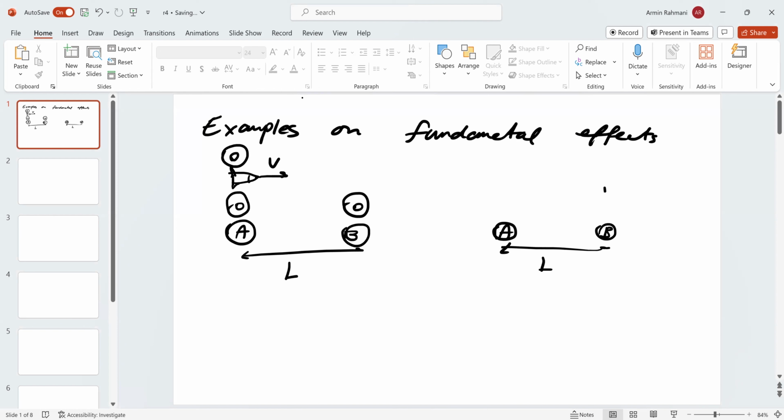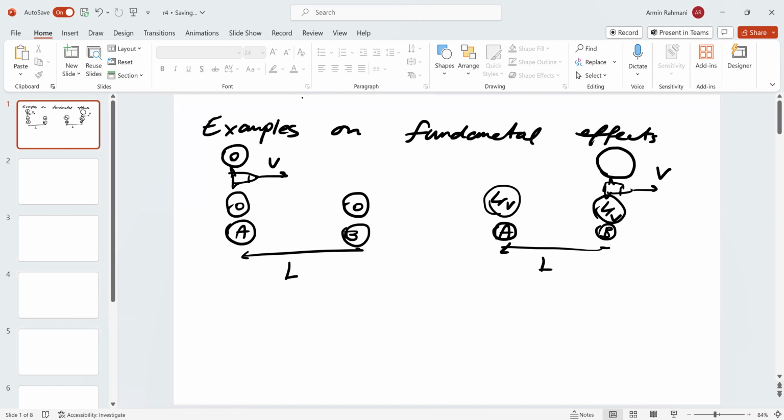Now the rocket is here, still moving with velocity v in that frame. So at that point, these clocks have advanced by L over v, right? They're synchronized, they're in the same frame. So now the question is, what does the clock on board the spaceship read?